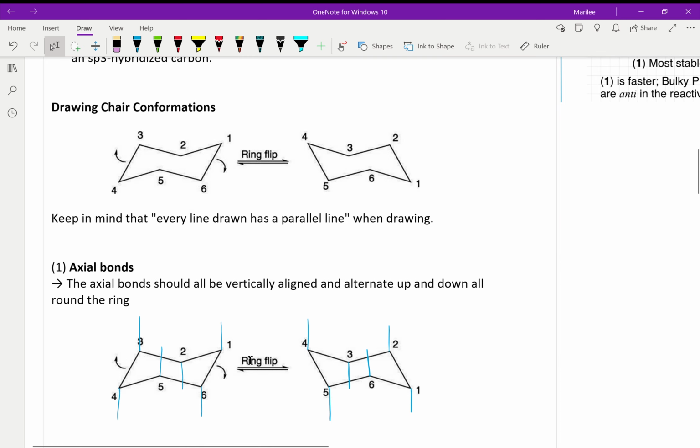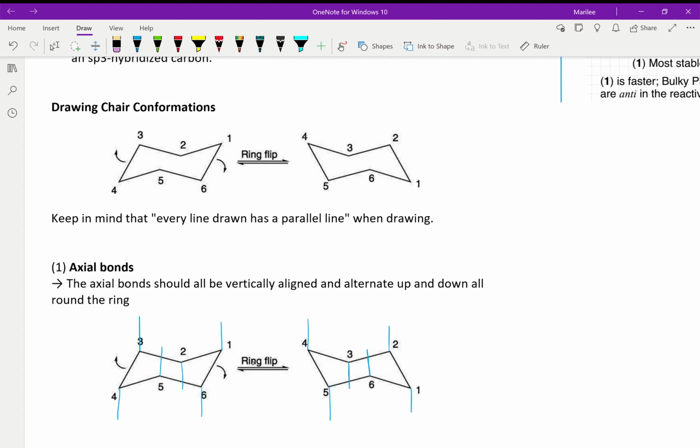Next we have our drawing of the chair conformations. What you have to remember is every line has a parallel line. So any line that you draw has to have a parallel line. So if you draw the middle first, you draw the parallel to it.